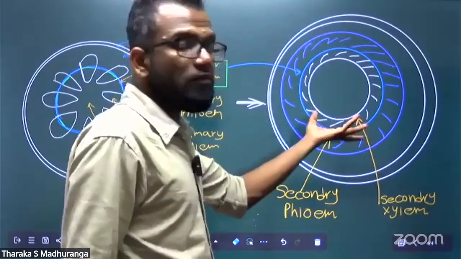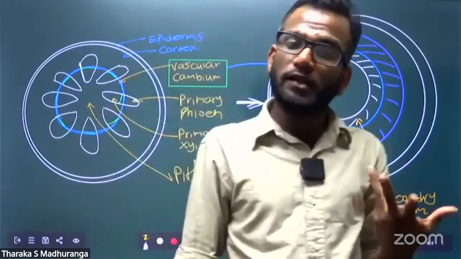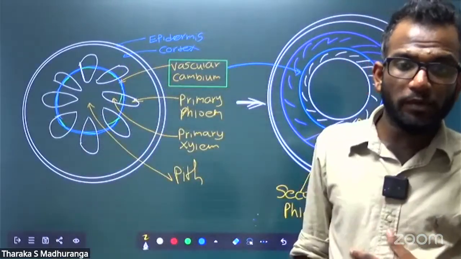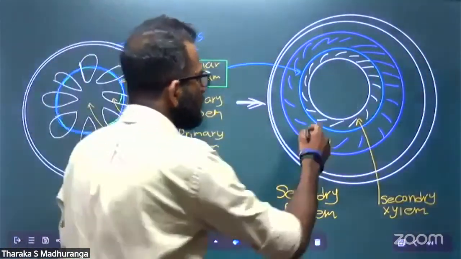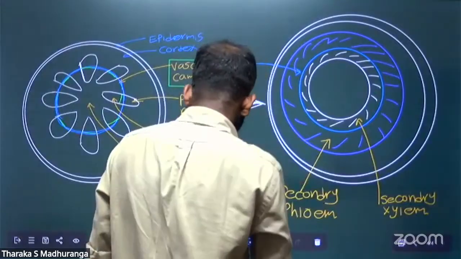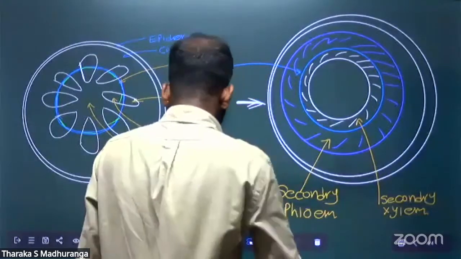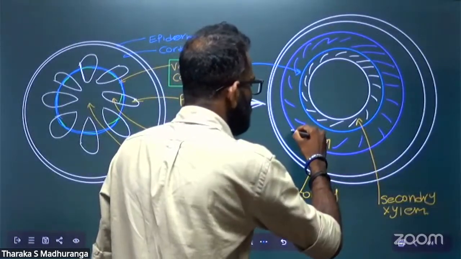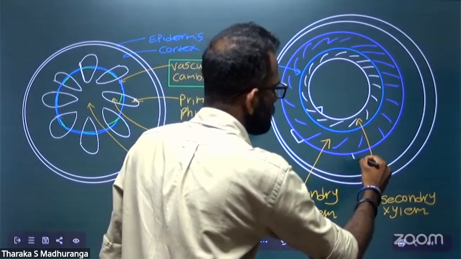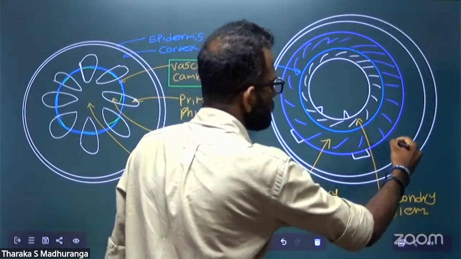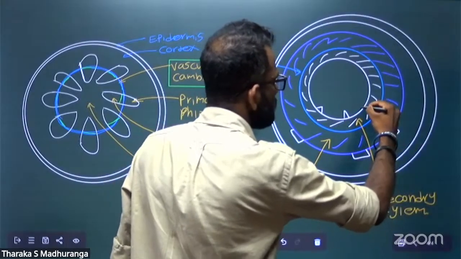Then what happened to the primary xylem and phloem? They are still there, but they are very small now. Phloem and xylem.